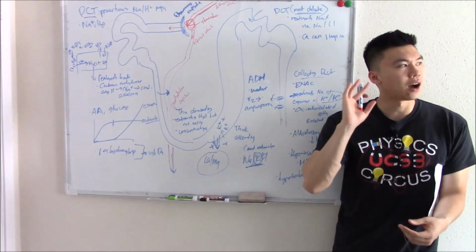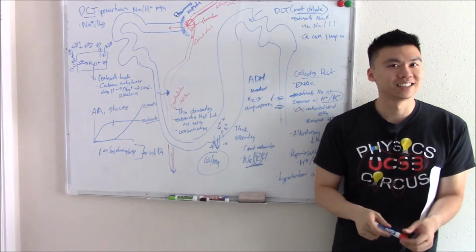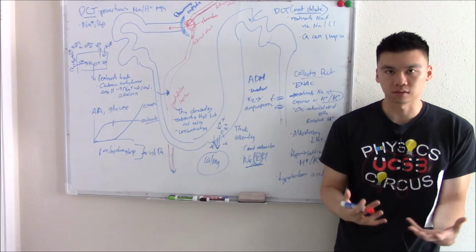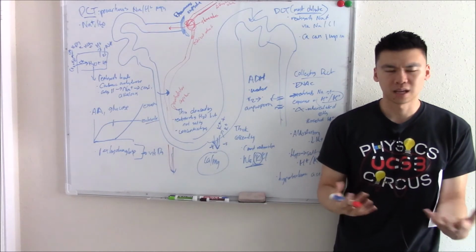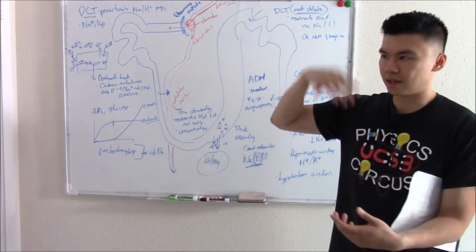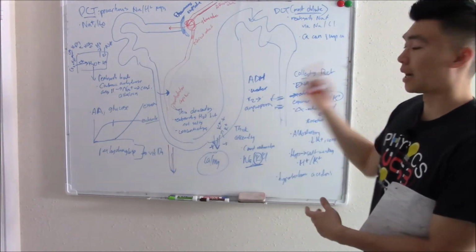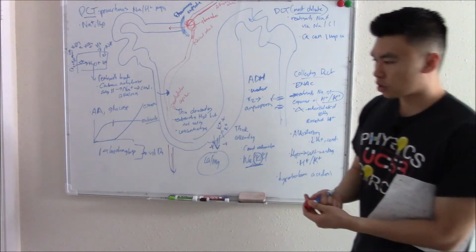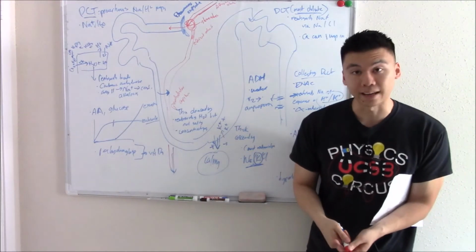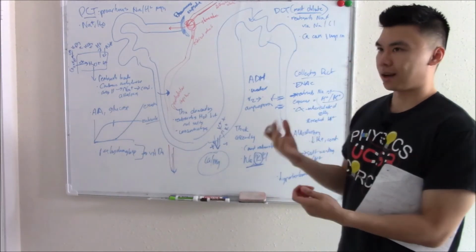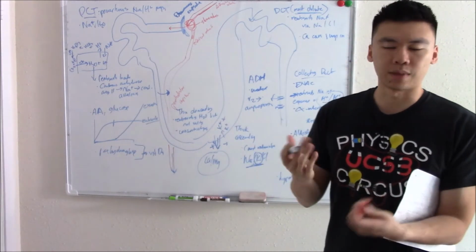Everything's good. Now, what can go wrong? You can imagine if we reabsorb too much water without any solutes, then we can dilute our body. And if you dilute your body, you get a whole bunch of complications: hyponatremia, hypokalemia, all this stuff, just because you dilute our body with too much water. Something that a lot of people forget is that ADH says, I'll reabsorb all this water, but I know I also need to reabsorb some solutes just to balance things out.